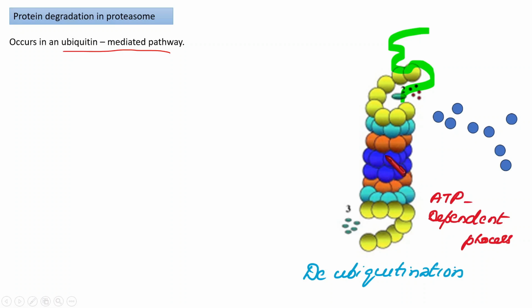As it undergoes degradation, amino acids are released, and these amino acids can again be used by the cell for the synthesis of different types of proteins. Okay, so that is the process of the proteasome. It is so simple, and it's very important. It's a very important structure. It helps the cells to remove unwanted proteins.